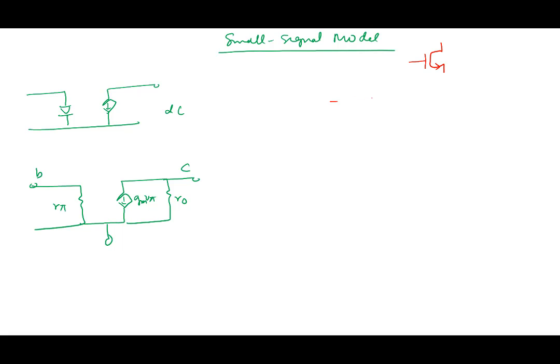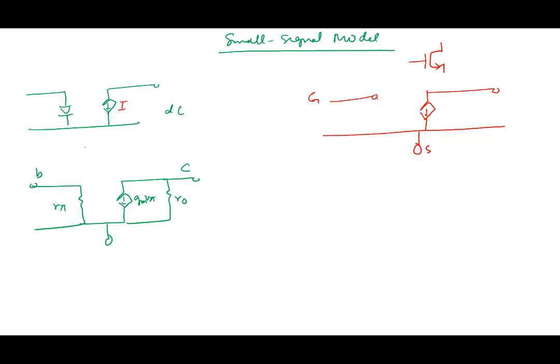So in this case, the MOSFET looks like this. This is source. This is gate. And this is the current source here. Remember the current source here?